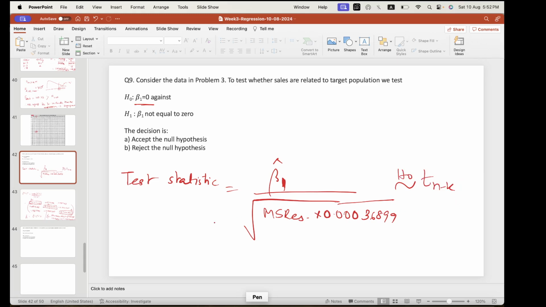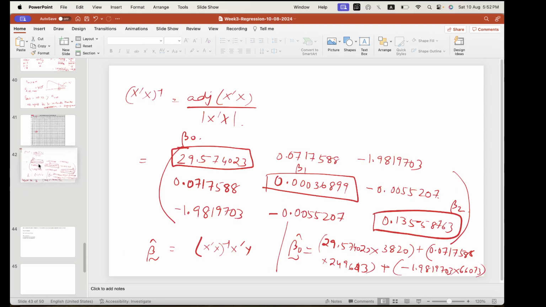We would reject H naught if and only if the modulus of t observed is greater than t n minus k, alpha by 2. Let us find out what this will be.